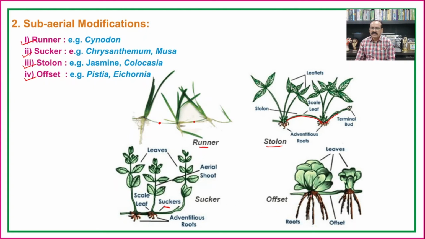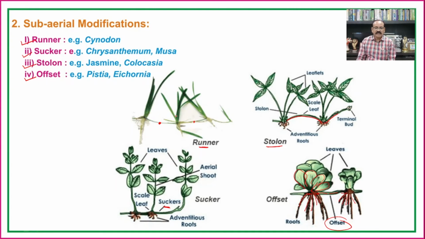If you see this plant, then you will find that here there is a development of the rosette of the leaves. This is the Pistia plant, and from the lower region there is a development of the roots, and here there is a joining with the help of offset.